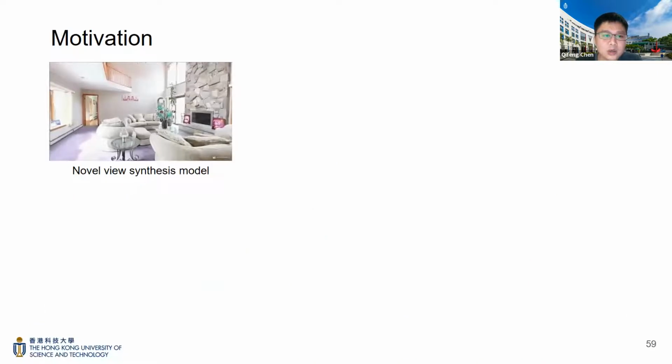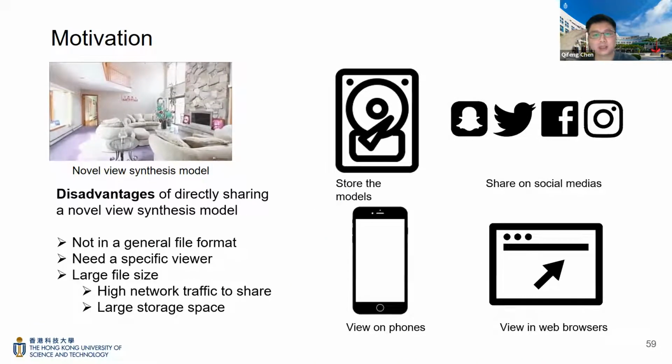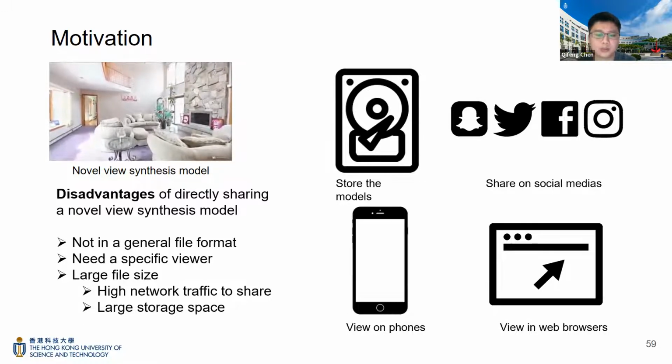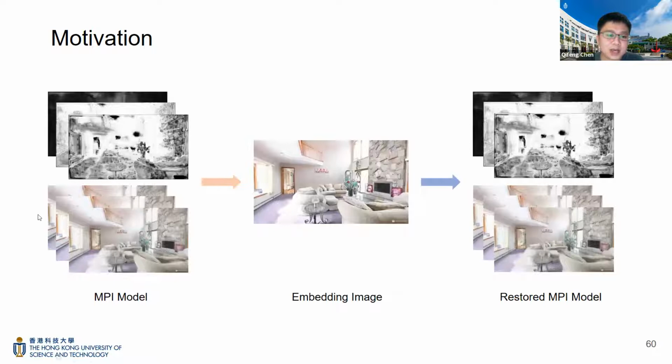Given a novel view synthesis model, there's some issue today. It's not easy to share on social media or view on the phone unless we have the corresponding app or plugin to decode it. Otherwise, it may look strange, and also it may be large to share. So maybe a single JPEG image can be a file for sharing.